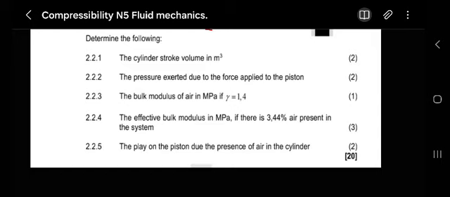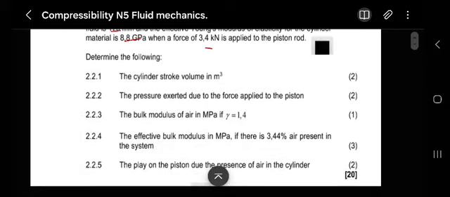If you used to watch my videos, you know when they talk about play, we're talking about the change in length. It's just a fancy word. Here they say determine the change in length on the piston due to the presence of air in the cylinder, because play is the same as the change in length. Okay, fine, no problem. So this is the questions.